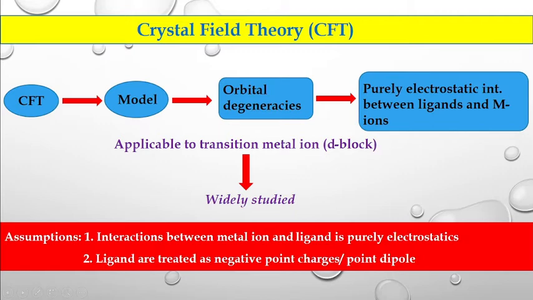This theory says only about d block complexes, only d orbitals; no s and p orbitals are taken into consideration. And this theory is based on two assumptions. Number one, the interaction between the metal ion and the ligands is purely electrostatic in nature, and the ligands are treated as negative point charges or point dipoles.